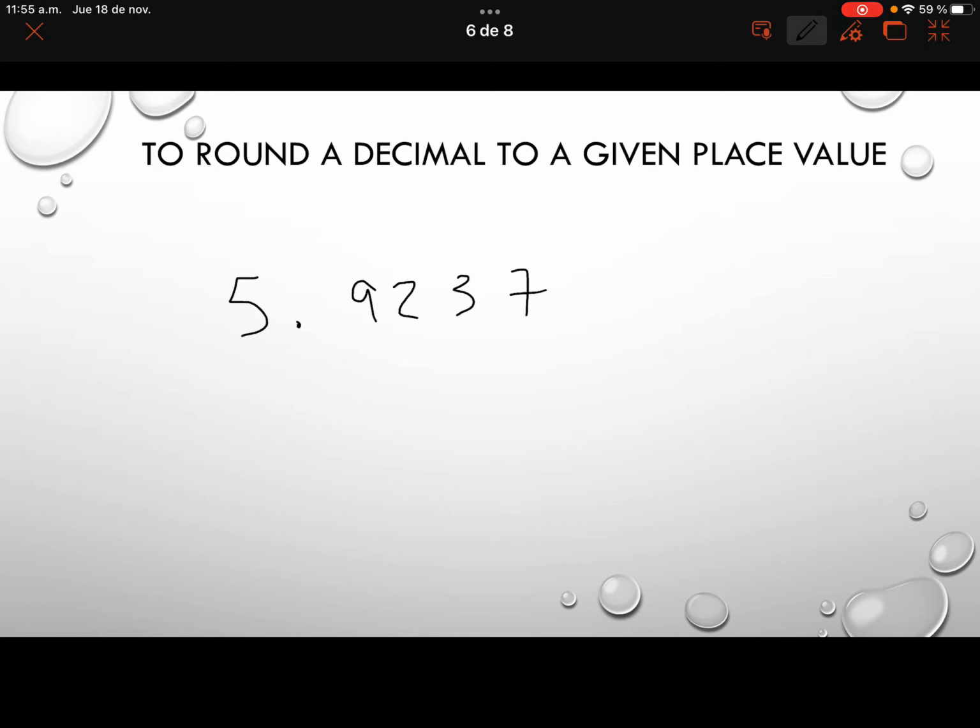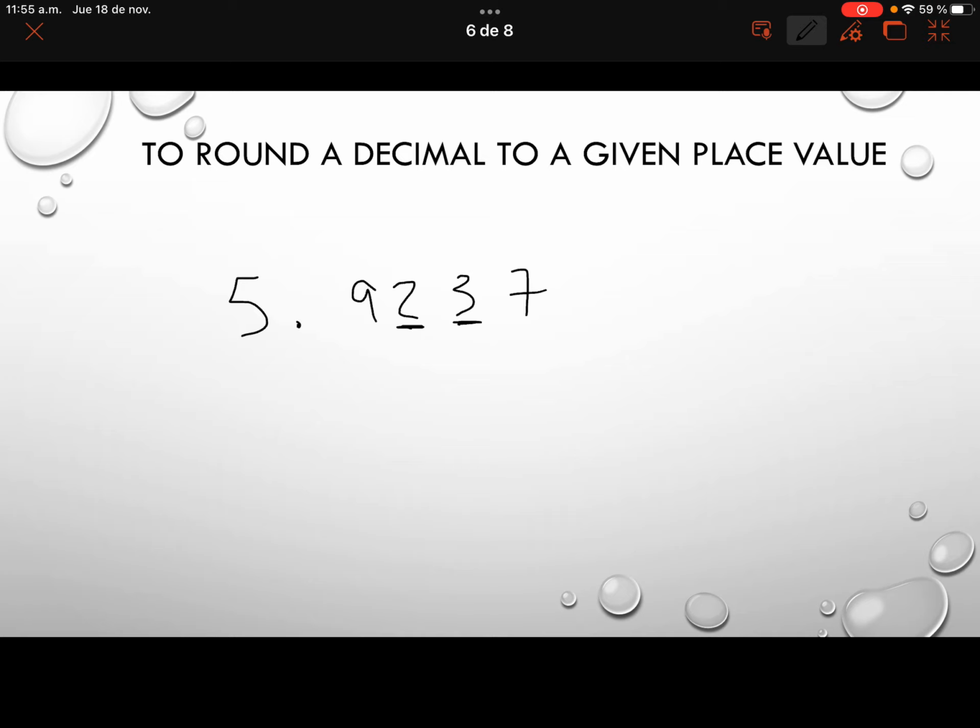Let's suppose that you have to round to the nearest hundredths. Okay, then where's the nearest hundredths? The decimal part is this number. To round to this number we have to focus on the next number, the number at right here. In this case 3. Now check the criteria.